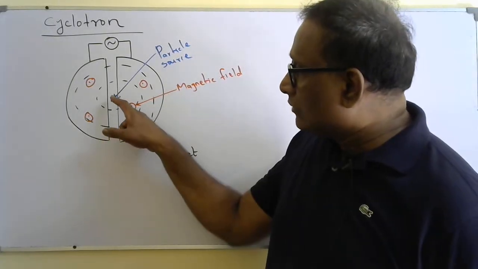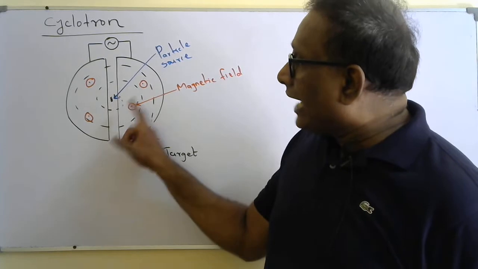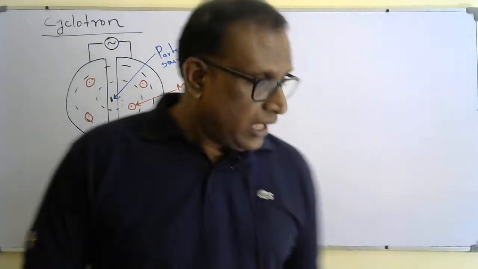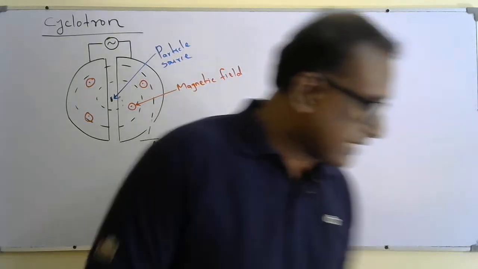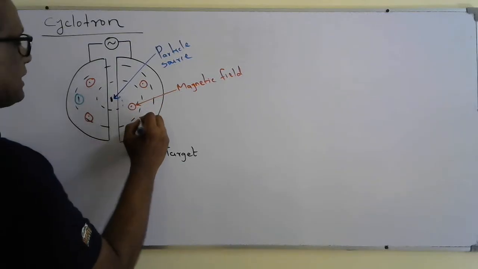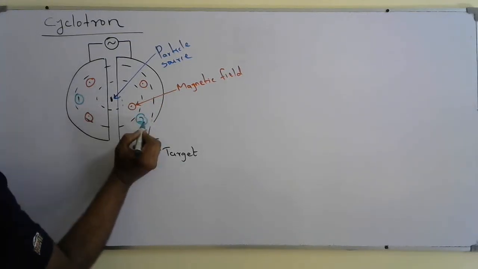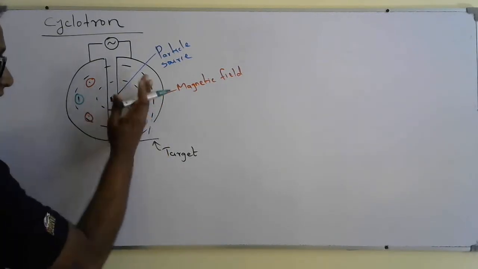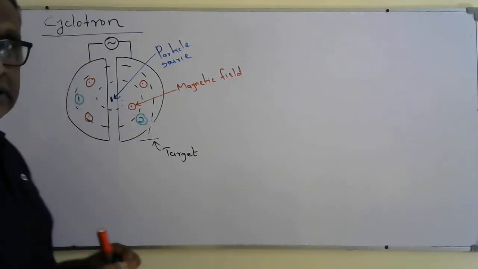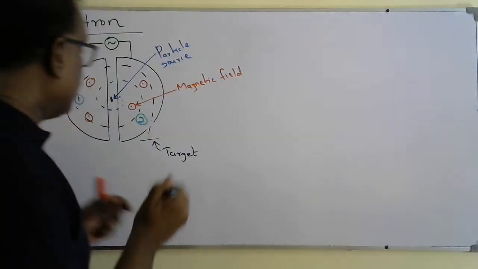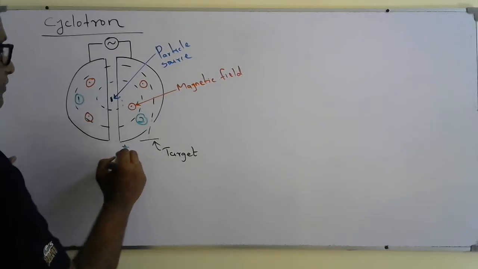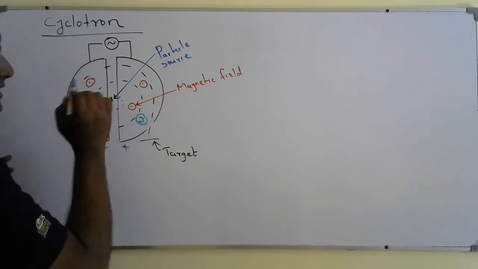Say if it is a proton, and this is D-shaped cylinder 1 and this is D-shaped cylinder 2, when the particle crosses from the second D-shaped cylinder to the first, the polarity of the AC signal will make the second cylinder positive and the first cylinder negative.